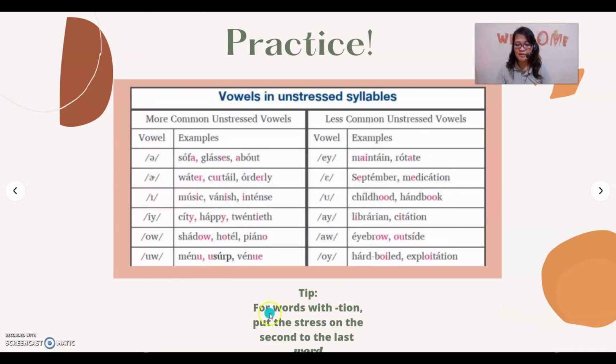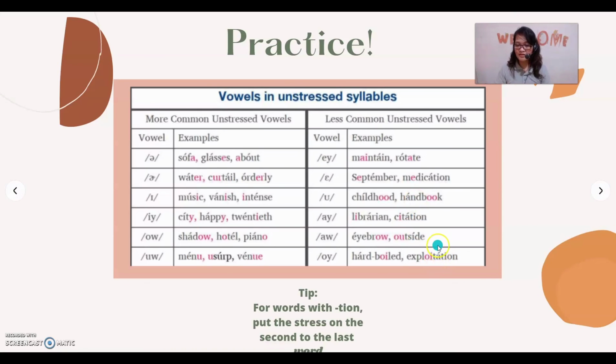And also just a tip, guys, for words with tion, put the stress on the second to the last syllable. It's not word, syllable. Just like this, exploitation. We don't say it the other ways.